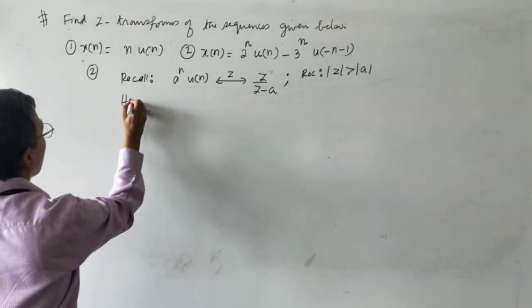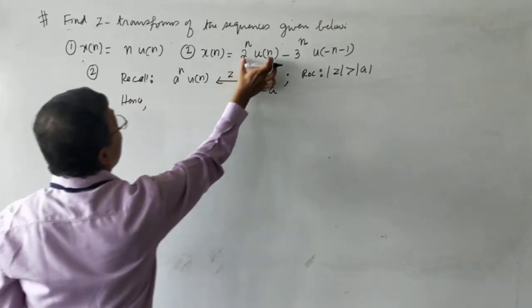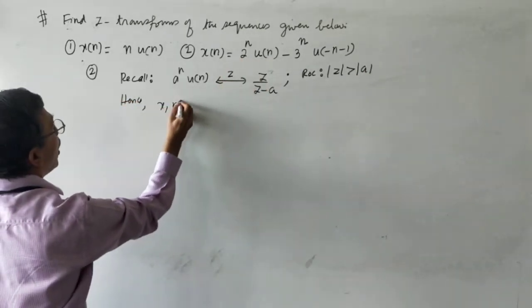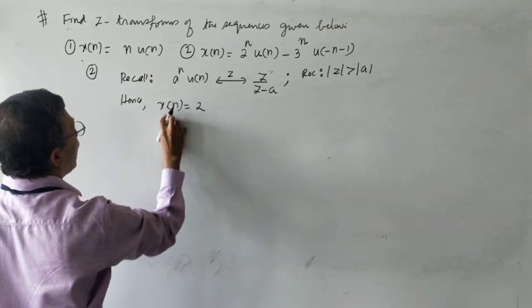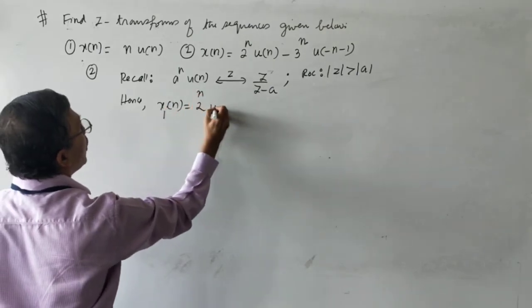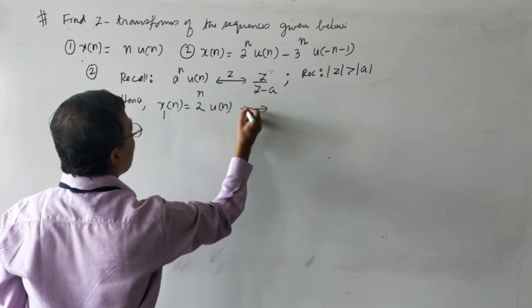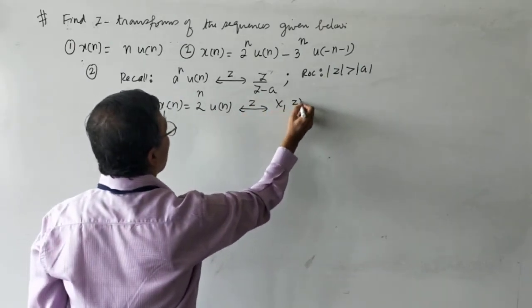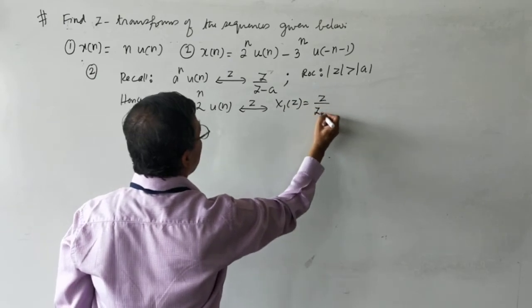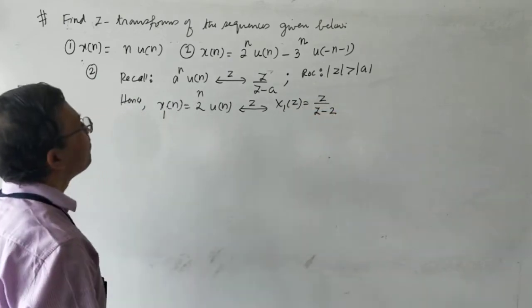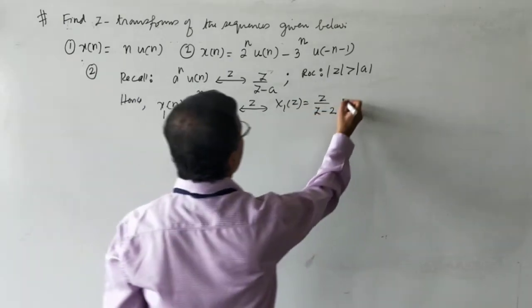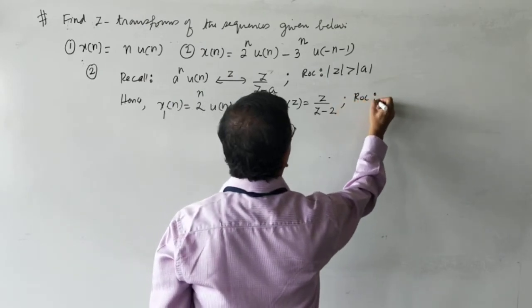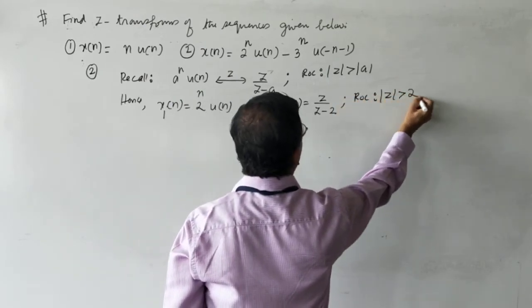Hence, I call this x1 of n. x1 of n equals 2 to the power n into u of n has a z transform x1 of z equal to z by z minus 2. ROC: mod z greater than 2.